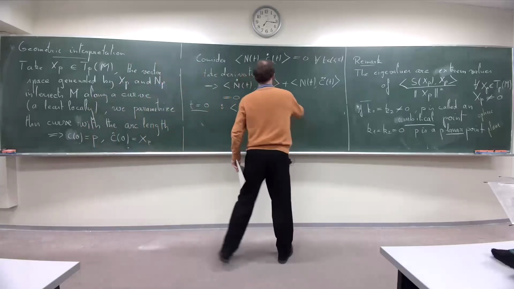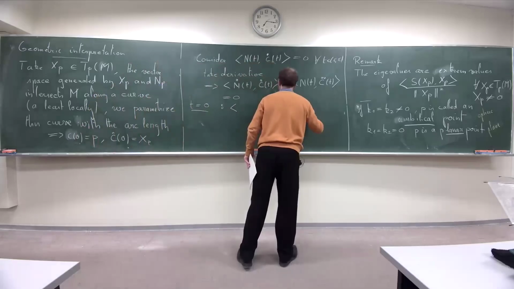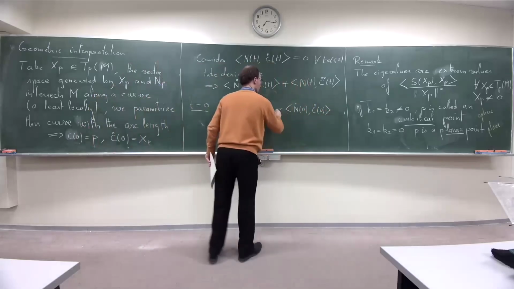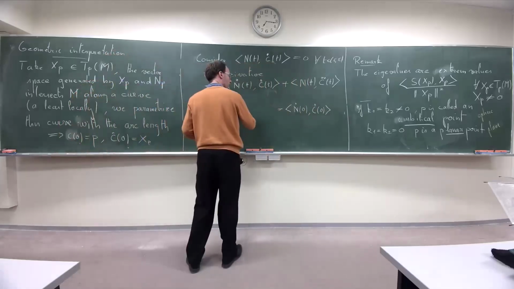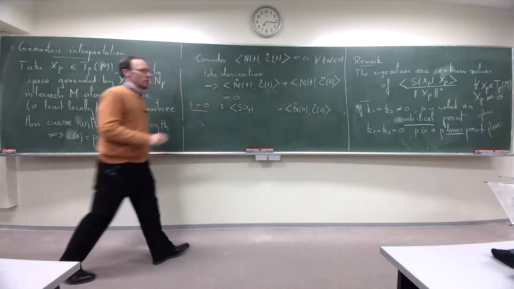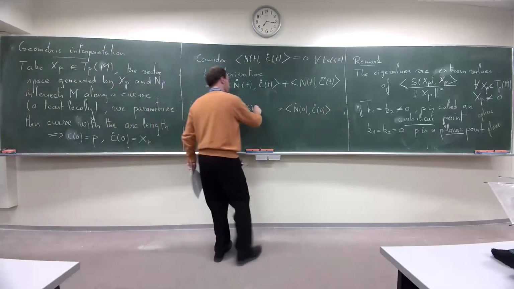What do we obtain? We have n dot at 0, c dot at 0. But what is n dot at 0? It is what I introduced before, this SP. And what is c dot at 0? It's xp.